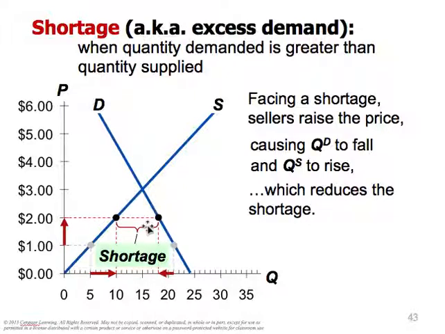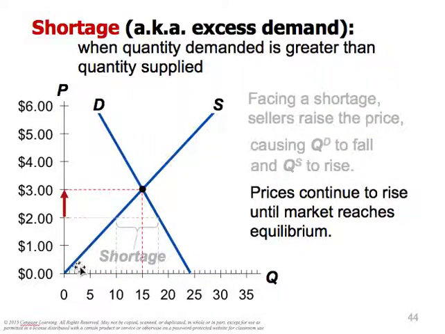So to come to the equilibrium, the firms again have to increase their prices, from $2 to $3, which brings us back to the equilibrium point, right here, where there is no shortage. So prices continue to rise until the market reaches equilibrium.